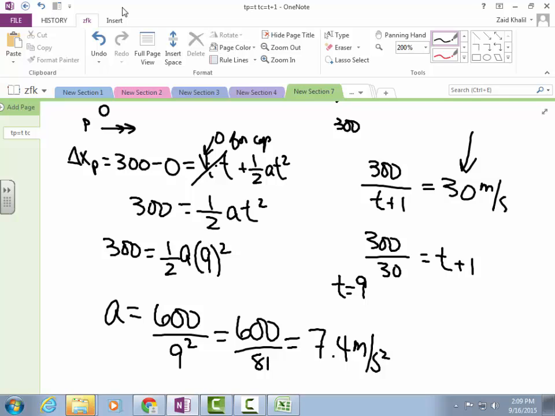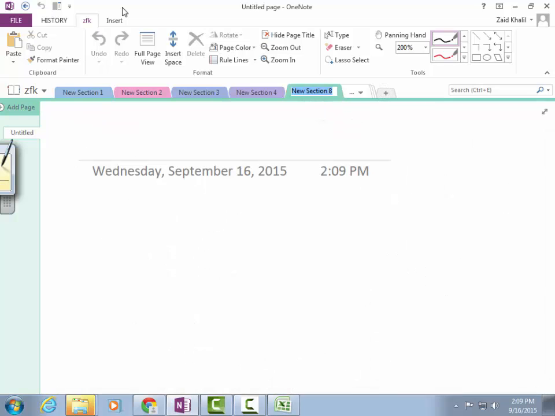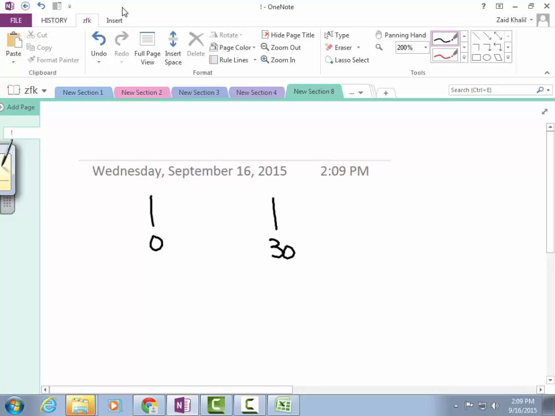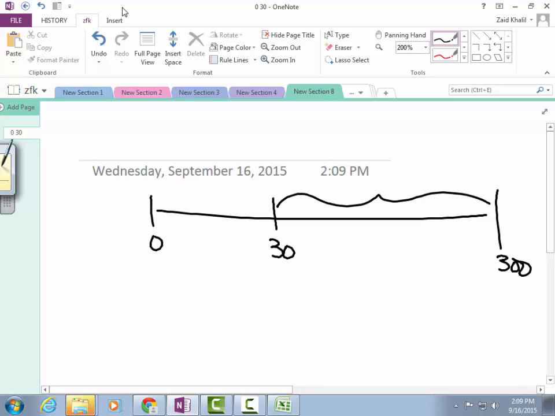270. They're equivalent. A totally different way to do this is to say, okay, the cop is here. He starts off here. And where do they meet? They meet at 300. The change in position of the car would be 270.